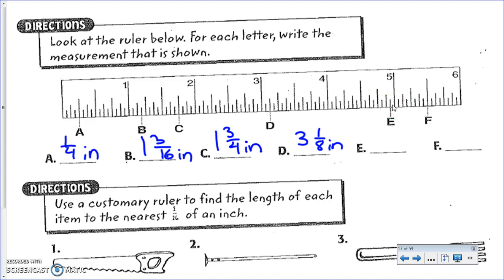So we have 4 and 15/16 inches. Then for F, we can see it's past 5 inches and it's on the half mark. So we're at 5 and 1/2 inches.